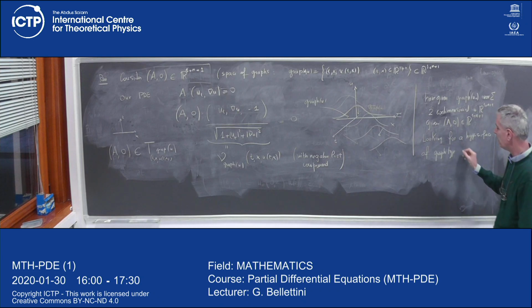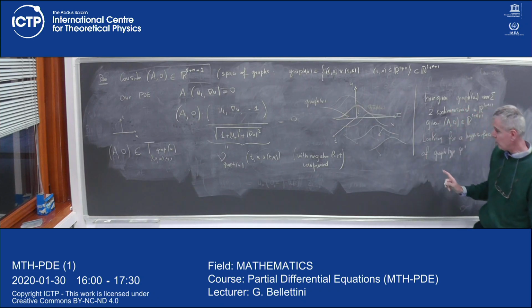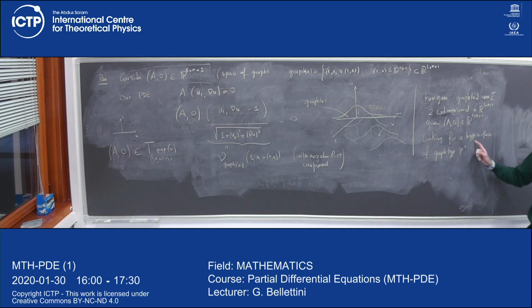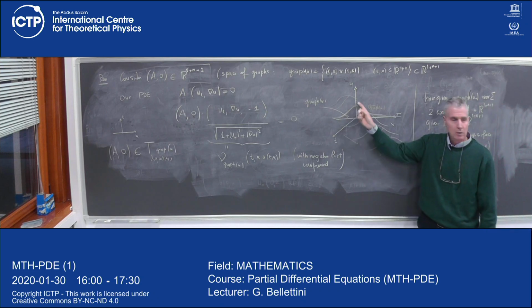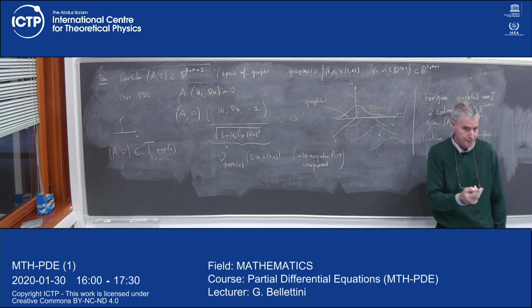It must contain the graph of U0. Hyper means codimension 1. This has codimension 2, this has codimension 1. Like in this picture, I have given a curve which has dimension 1 and therefore codimension 2.